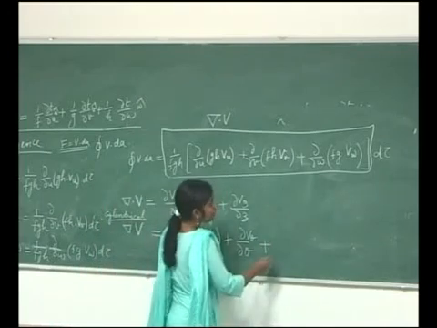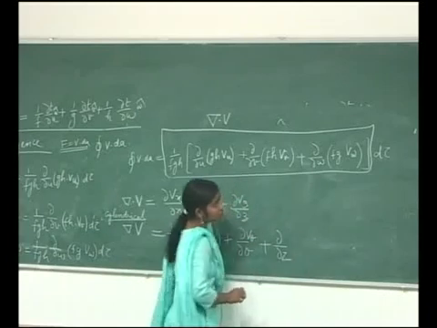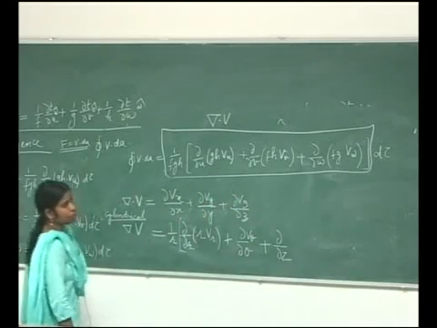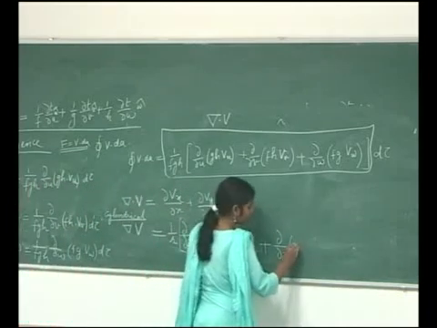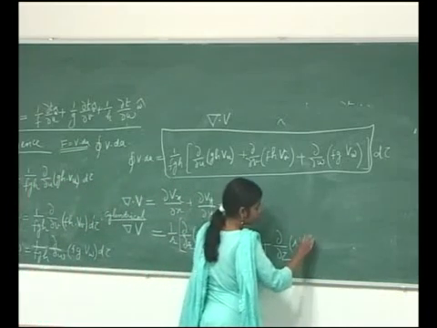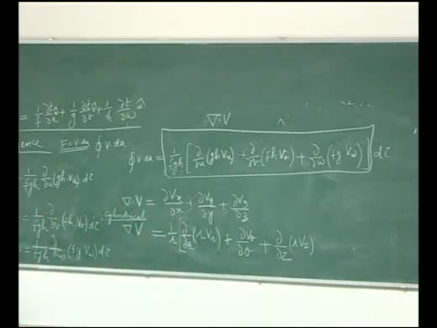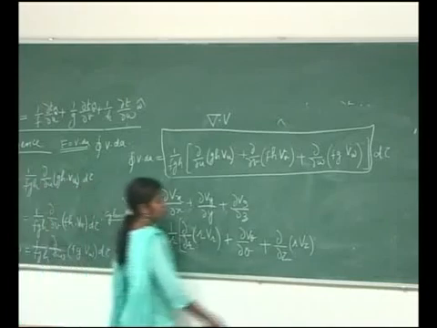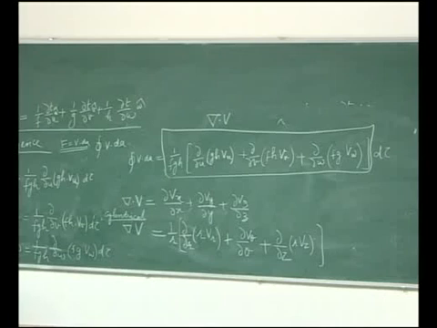Plus del by del z of FG Vz. What is G? G is r, so I have r Vz. Okay, is it okay? So this is the expression for divergence in the cylindrical coordinate system.